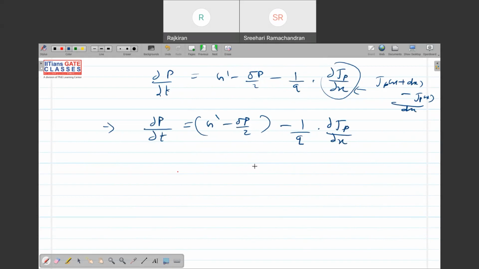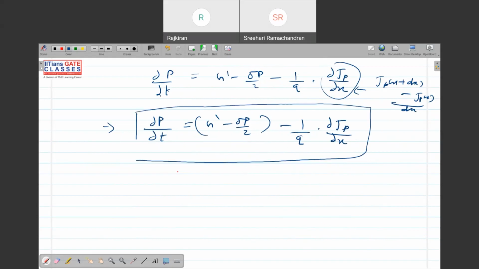This is my continuity equation for hole. What does it tell? The net increase of hole concentration is equal to the net generation rate plus the net rate of hole input. Clear?